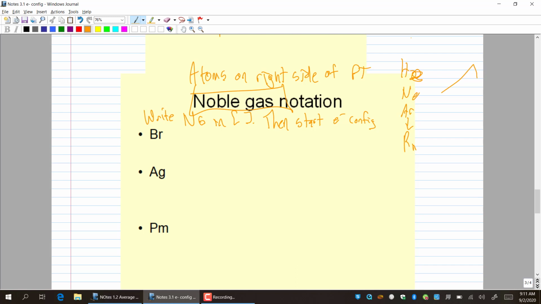Okay, so I'm going to look at bromine. Bromine is number 35. The preceding noble gas for bromine is number 18, argon. So I'm going to write argon right here and note that it's 18. If argon is 18, I need to deal with 19 onward. Bromine is number 35, so I have to get all the way to 35, but I'm just going to write argon instead of the first 18.